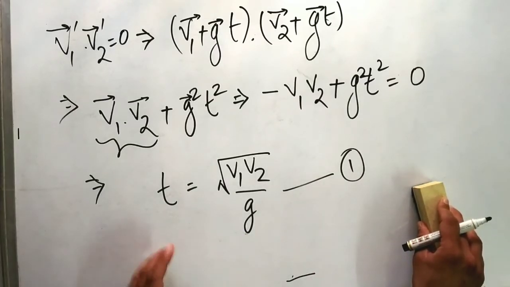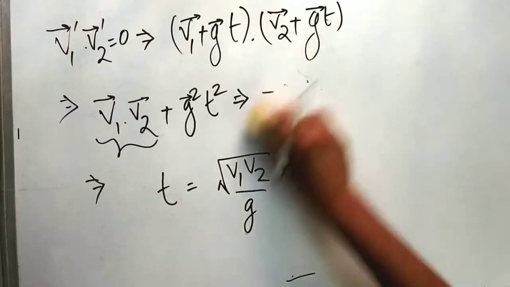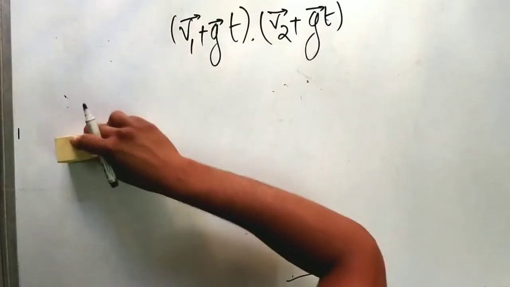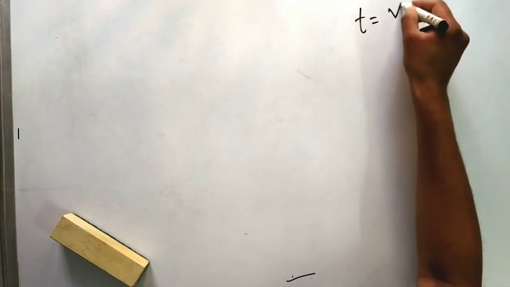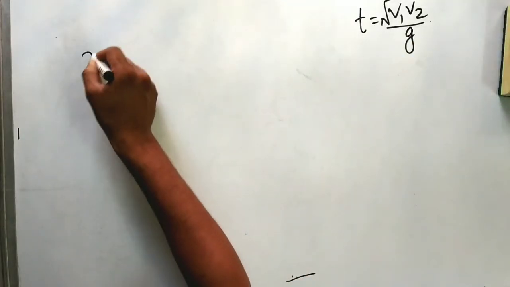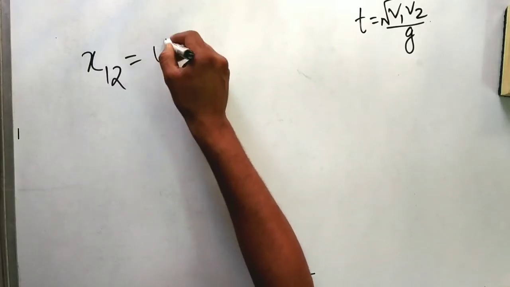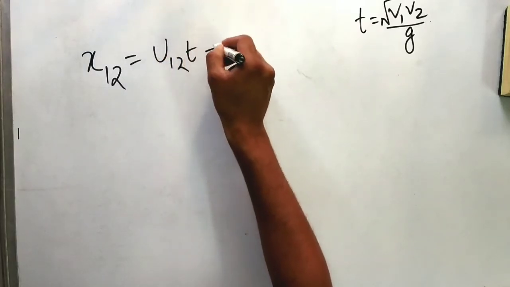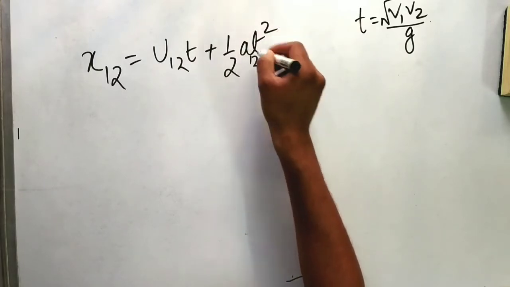If you have any doubt, you can obviously ask me in the comments. So we have come at t is equal to root over v1 v2 by g. Now I told you the key, x12 is going to be equal to u12 times t plus half a12 t square.